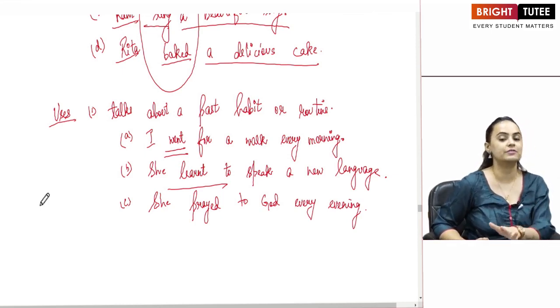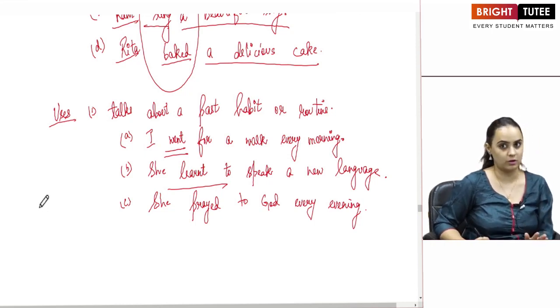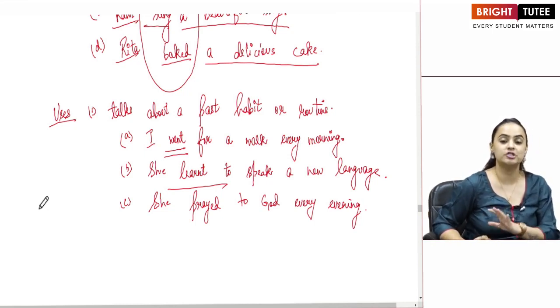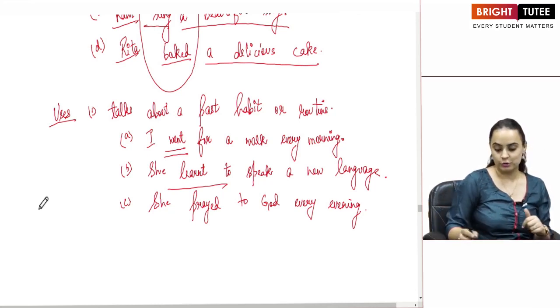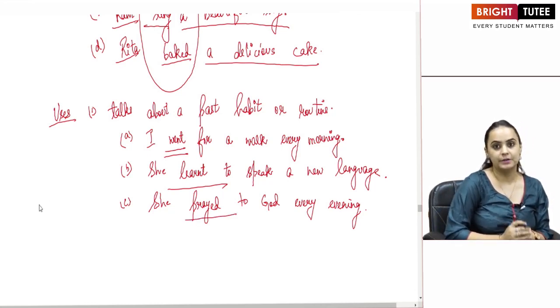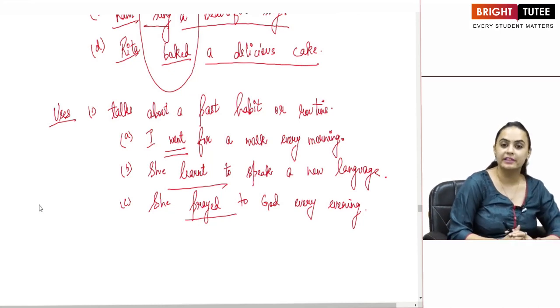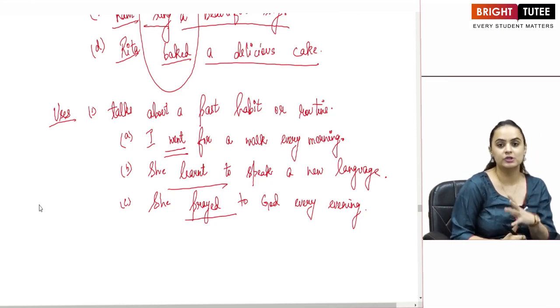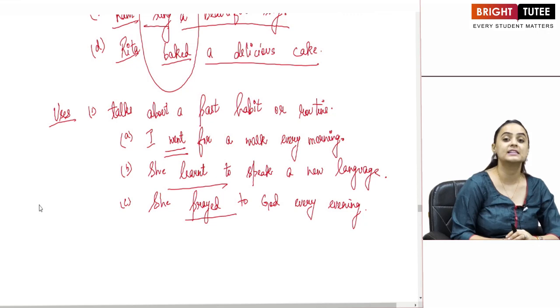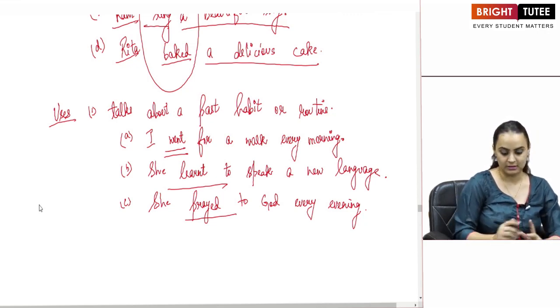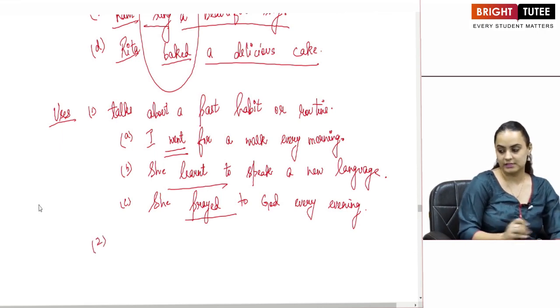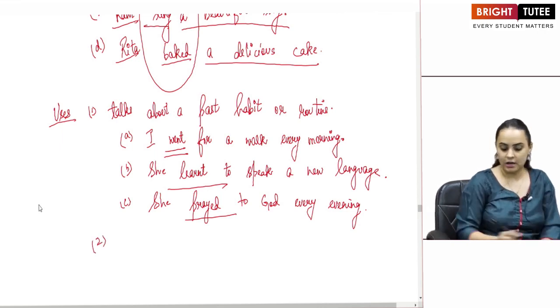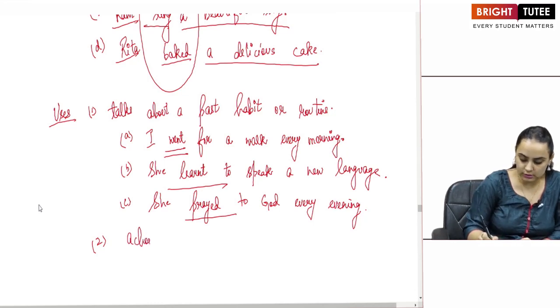So every evening she used to pray to God. Now she does not do that. She used to do it earlier. So those habits, those actions that were there earlier, now they no longer prevail. So such habits and such routines which used to take place in the past, we use the simple past tense to talk about that.